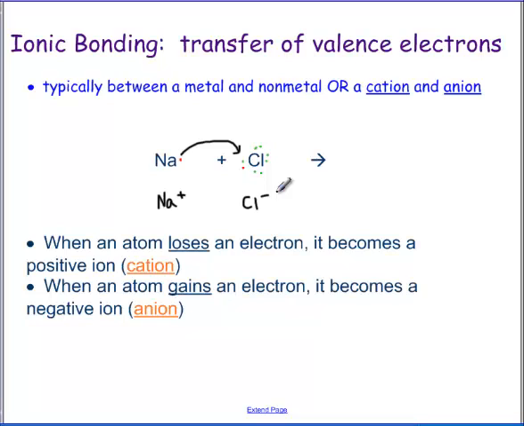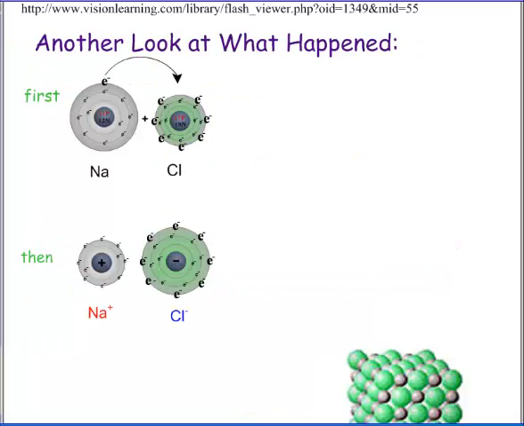Now we know what happens when we have opposite charges. We have an attraction that can occur. So once we have this transfer of electrons, ions are formed, and then those ions are now attracted to each other, and we get the formation of an ionic bond. If we take another look at what really happened, here are some Bohr diagrams of sodium and chlorine starting out.